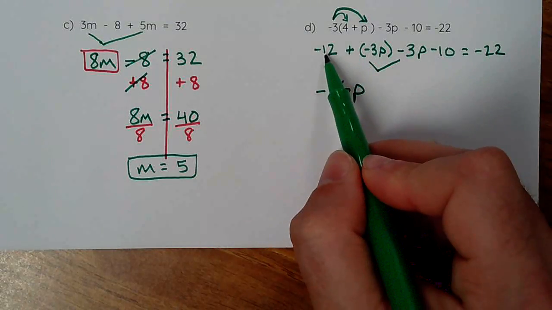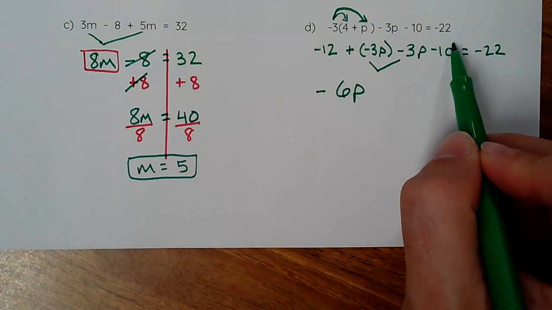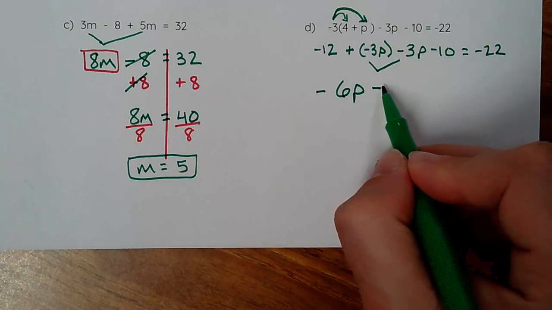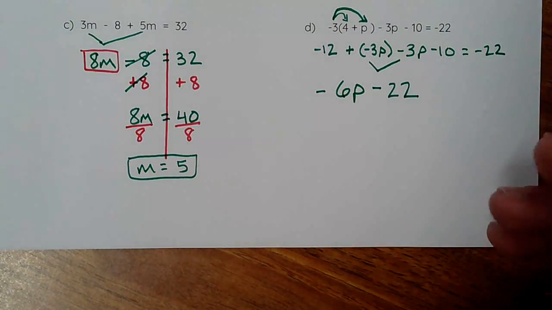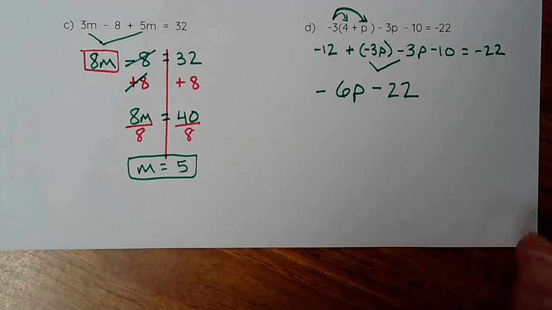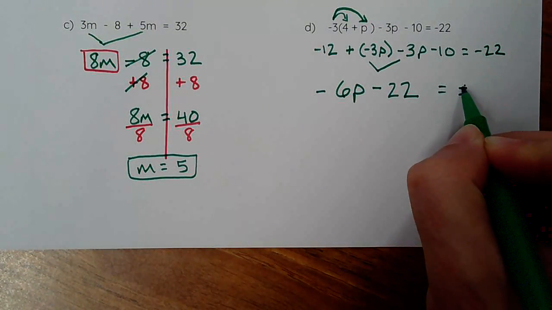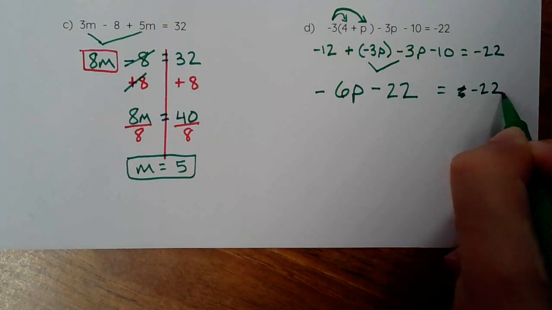Same thing here. Negative 12 and negative 10 is going to make negative 22. So we're going to keep that as minus 22, equals negative 22.